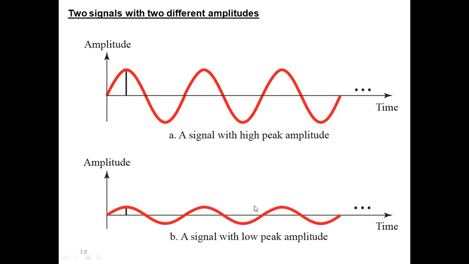This is one sine wave, another sine wave, and the amplitude values are different. Here we say it's a high peak amplitude, here a low peak amplitude. Amplitude is the maximum value for that particular signal. So on the y-axis it represents the maximum value. So this is the peak value.